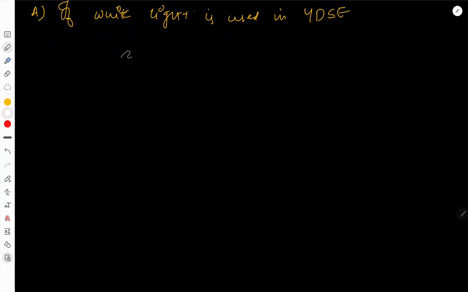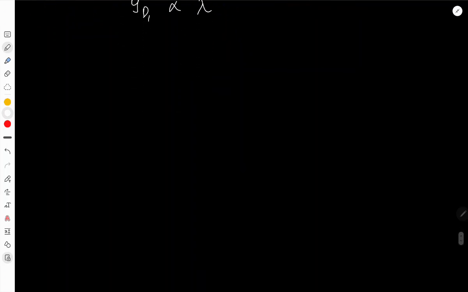As we know, the distance of the first dark spot is yD1 = λD/2d, in which all this part is constant, so yD1 is directly proportional to λ. That is the first dark spot.